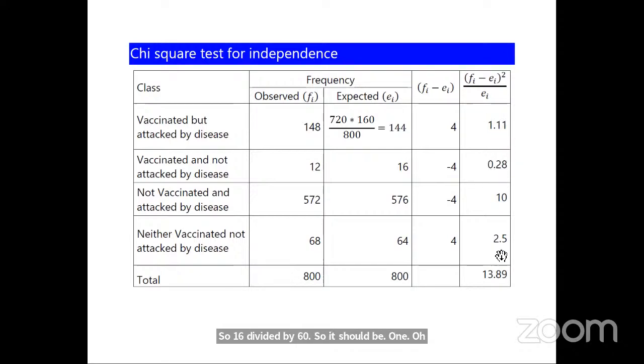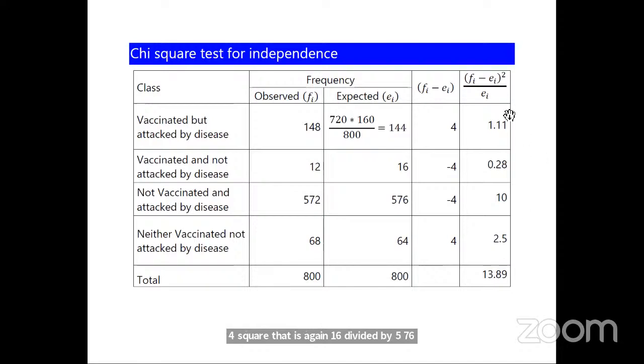I think all these are wrong values. Fi minus Ei, its square is 16, and then divided by Ei, that is again 16. So it should be 1 here. Again here, the difference is minus 4. So minus 4 square is again 16, divided by 576.